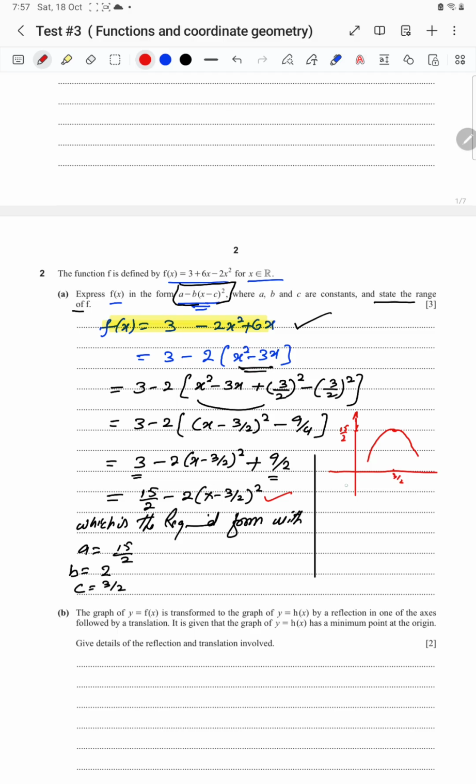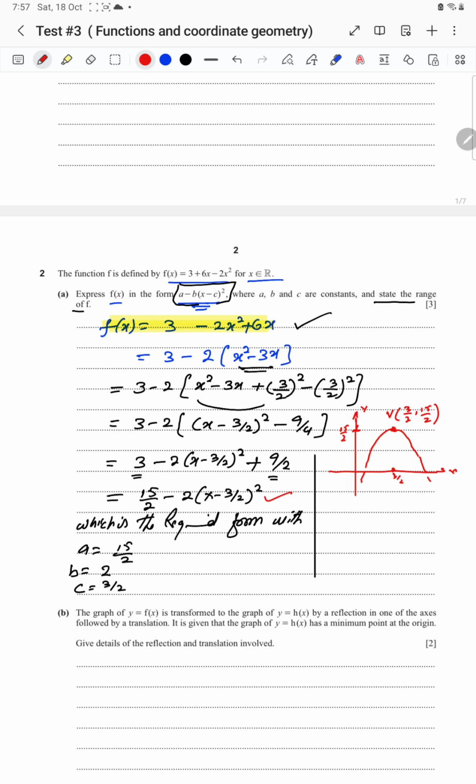So the figure will be like, sad face will be like this, and it will cross the x-axis at certain points. We are not concerned with that point. This is the vertex point, that is 3 by 2 and 15 by 2, that is 1.5 and 7.5 in other words. This is the y axis. Okay, so it's very much clear from here.